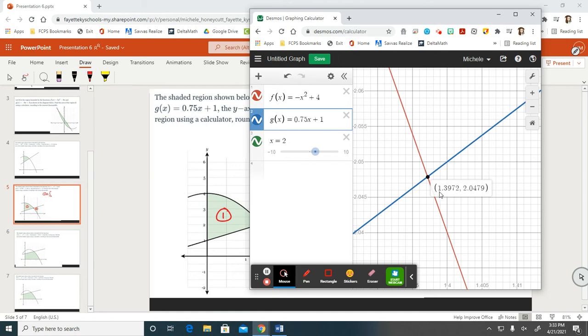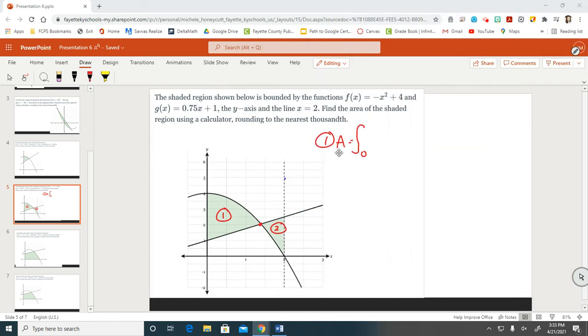So this is going to be x equals 1.3972. So the integral from 0 to 1.3972 of the top curve, which is the curvy one, so the quadratic function, -x squared plus 4. Not dx, I'm not ready for that one yet.